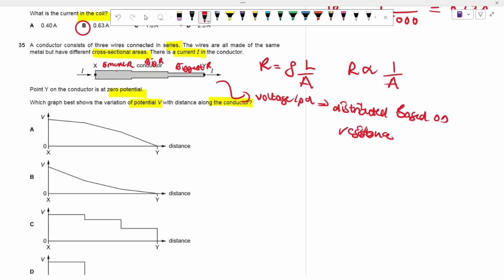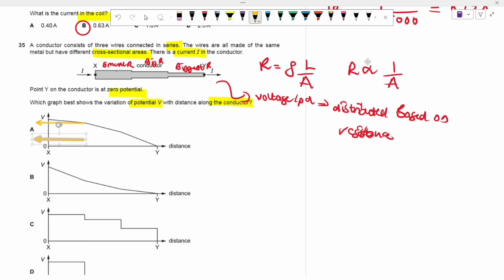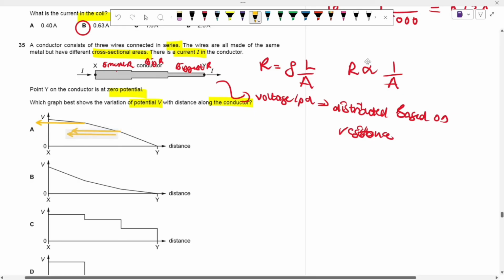Okay, so if you start with A, and I want you to testify for yourself, right? If you go from this point to this point, right, like so, this is a specific drop that I have. And then if I go from this point to this other point, this is again another drop.